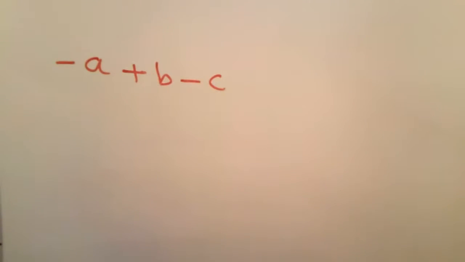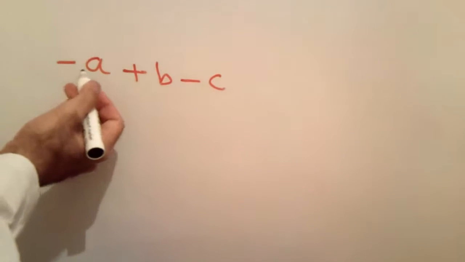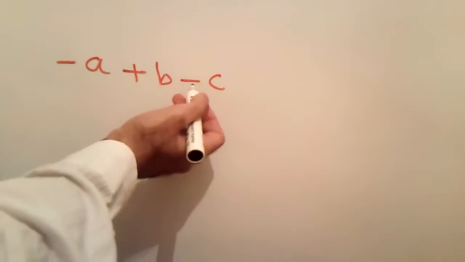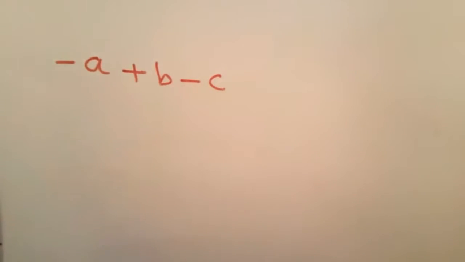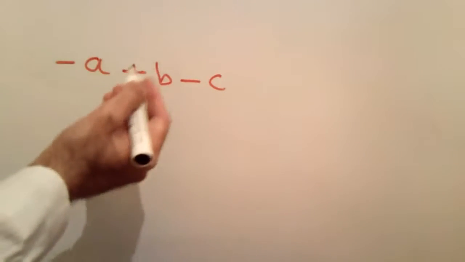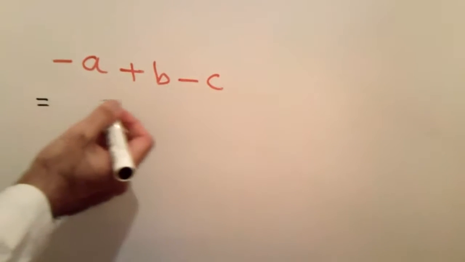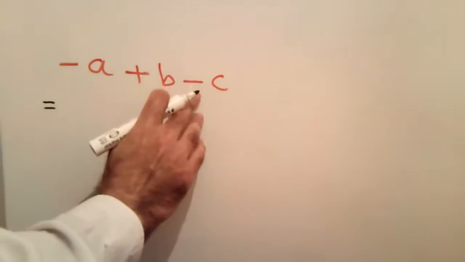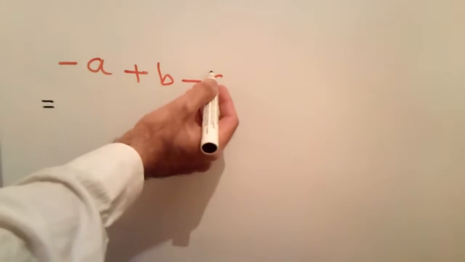Okay, using an example with letters now. We've got negative A, add B, take away C. Let's see if we can juggle this around.